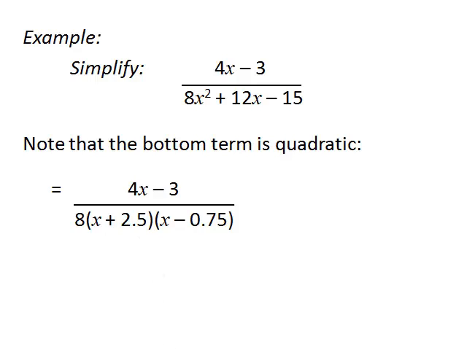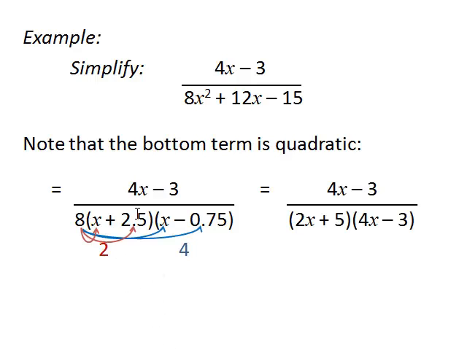Then we're going to multiply the 8 in, the 2 cancels that bit out, 4 cancels the fractional bit of that, and we end up with 8x plus 12x minus 15 is 2x plus 5, 4x minus 3, and miracle of miracles, the 4x minus 3 is common to top and bottom. So that cancels out, and we're left with not 2x plus 5, because the 2x plus 5 is on the bottom line. When the 4x minus 3 cancels out, it becomes 1 over 2x plus 5. If the remaining term is on the bottom line, it's got to stay on the bottom line, just like always.